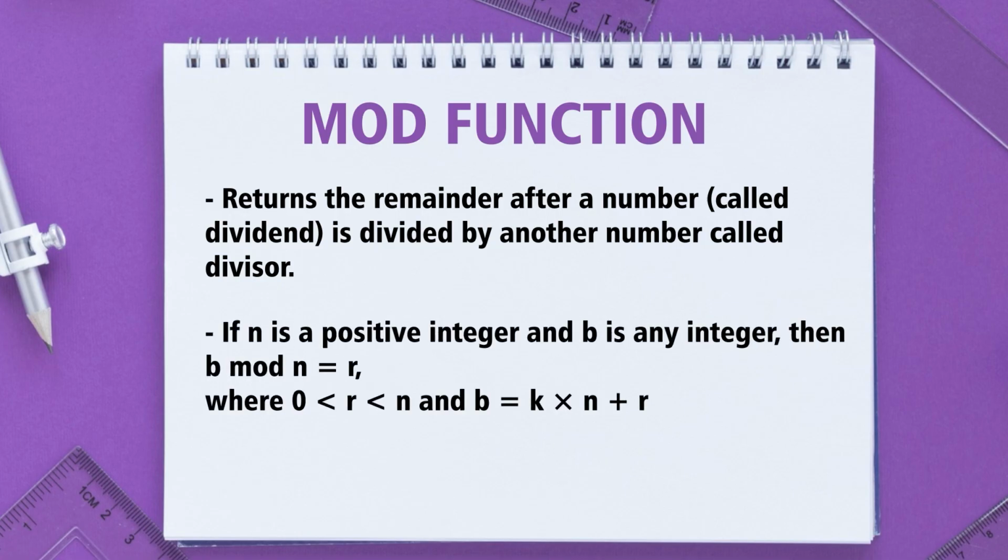So if n is a positive integer and b is any integer, then b mod n equals r, where r is greater than or equal to 0, but r has to be less than n, because that is what the divisor is, and b is going to be defined as k, which is the value that comes out after division, k into n plus r.